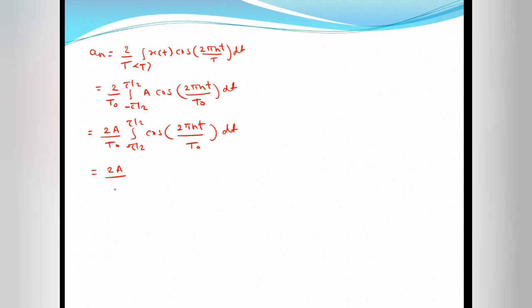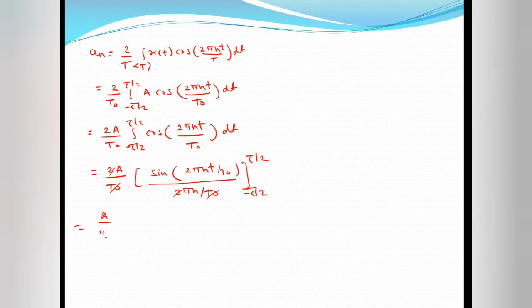So 2A divided by T0 times sine of 2 pi nt divided by T0, divided by 2 pi n by T0, limits from minus tau by 2 to plus tau by 2. So this T0 and 2 get cancelled. So here you will get A divided by pi n into sine of 2 pi nt divided by T0, limits from minus tau by 2 to plus tau by 2.